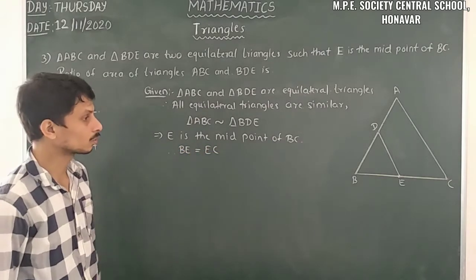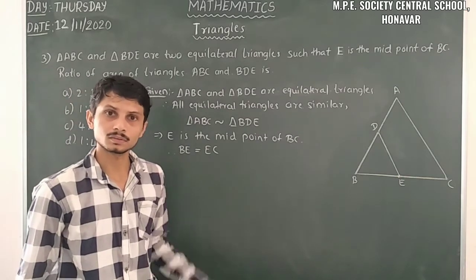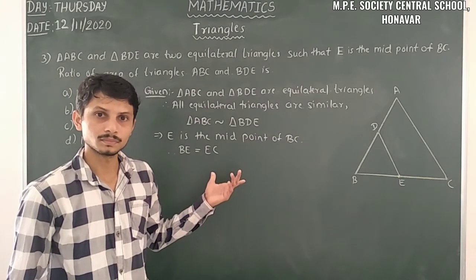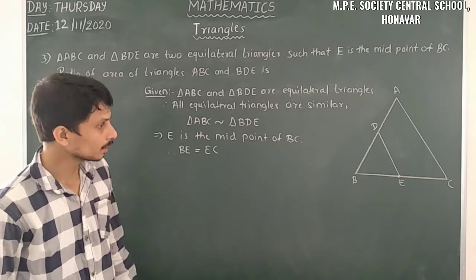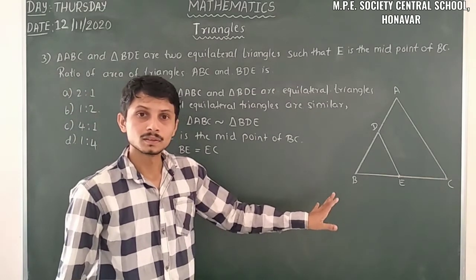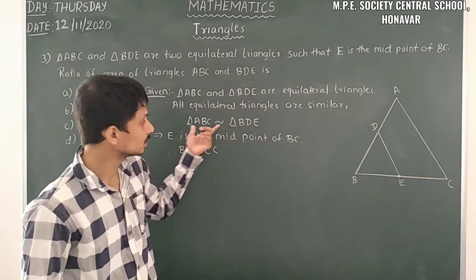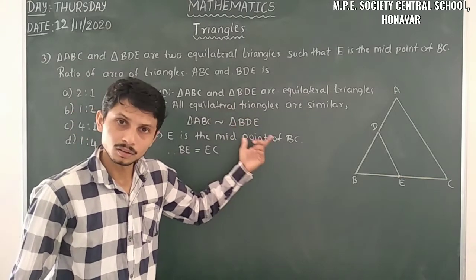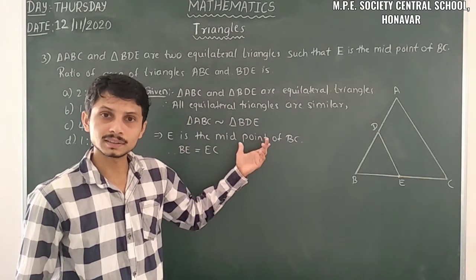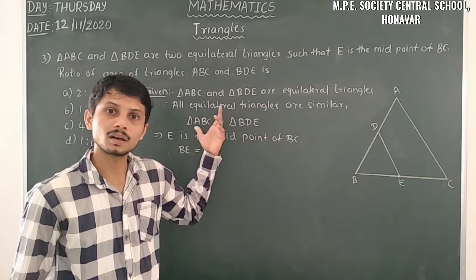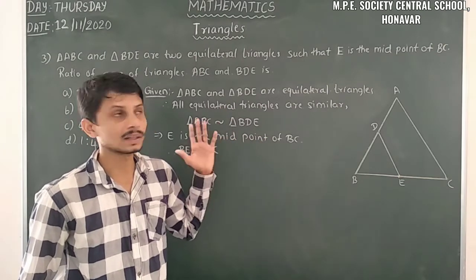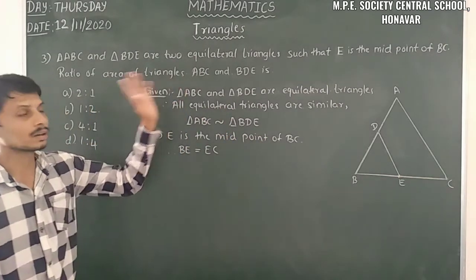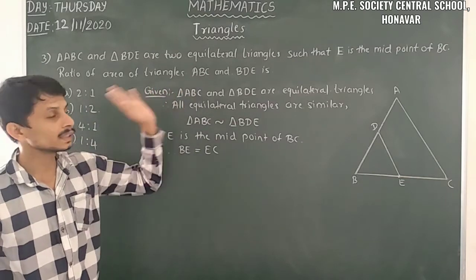So we take that one. Now we have the given that these two triangles are similar. That's why we can take the theorem on area of similar triangles, because we have to find the area of triangles ABC and BDE.